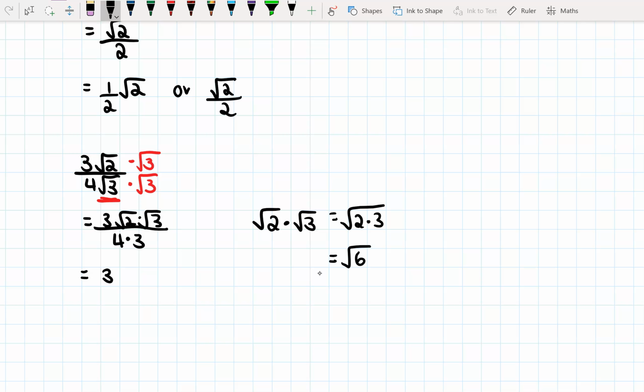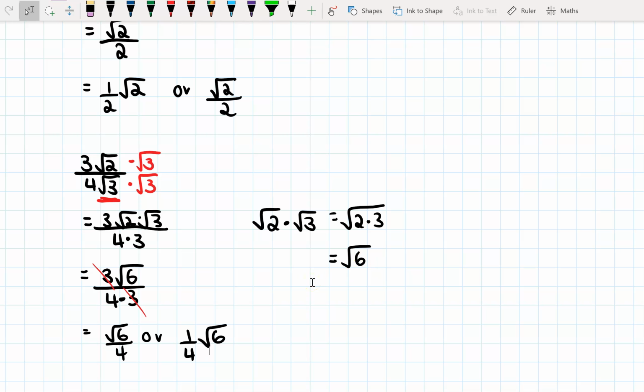So we have in the numerator 3 root 6 divided by 4 times 3. Hopefully you can now see that we have 3 times something and 3 times something, so we can cancel those 3's out because 3 divided by 3 is 1. So now what we have is root 6 divided by 4, or 1/4 root 6, depending on what you want to use it for as to which way you want to write it.